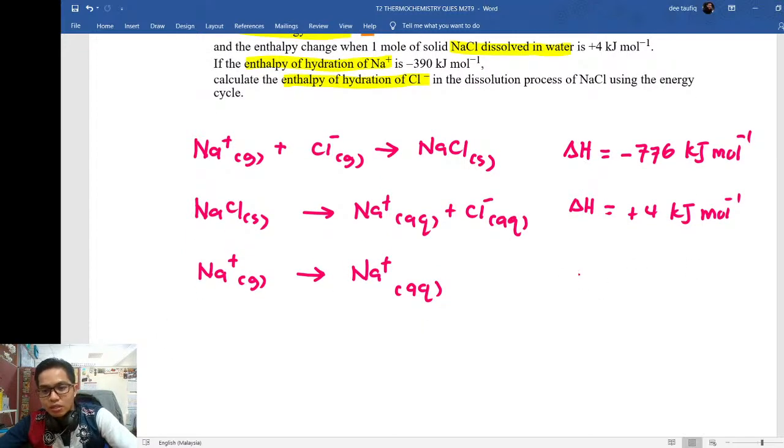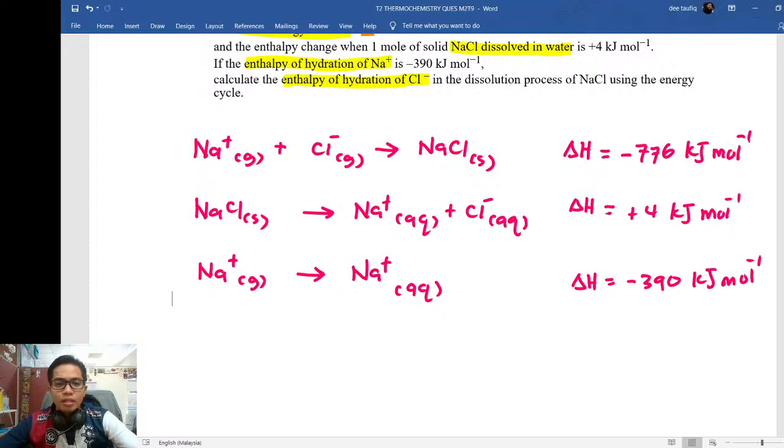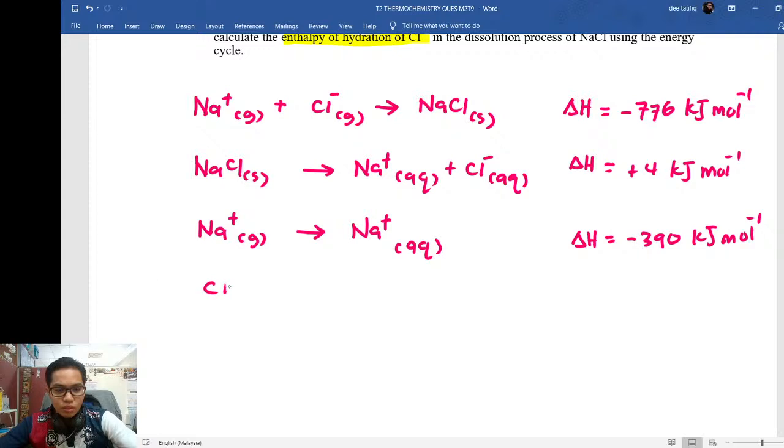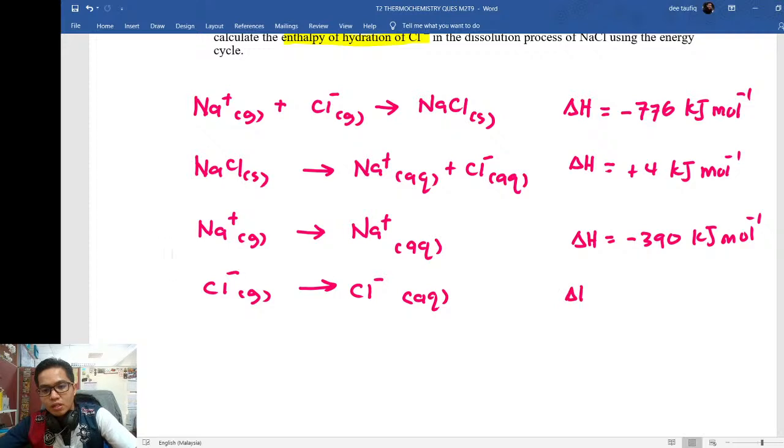Given the delta H negative 390 kilojoule per mole. Kemudian last one, calculate enthalpy of hydration of Cl minus. So Cl minus gas converted into Cl minus aqueous, and the delta H is unknown.